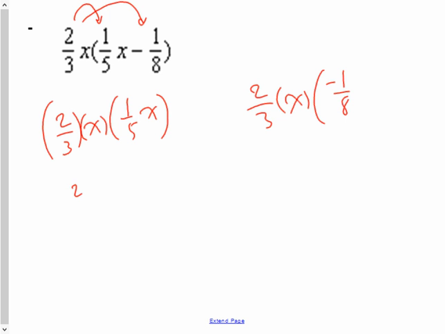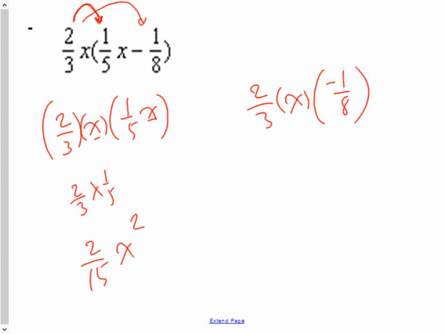So the first thing we're going to do is multiply 2/3 by 1/5 to see what that combined coefficient is going to be. That's going to be 2/15. And x times x is going to end up with x squared. So the first part of this distributive property is going to give me 2/15 x squared.